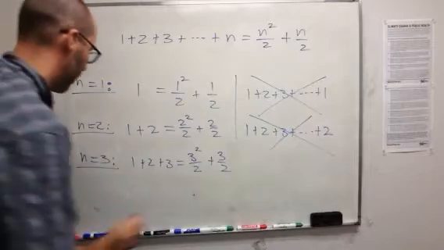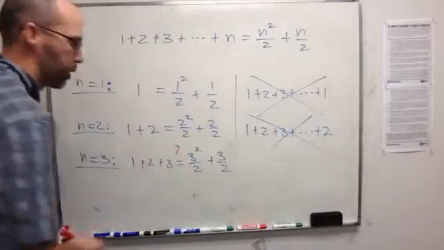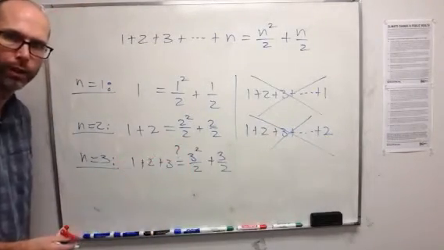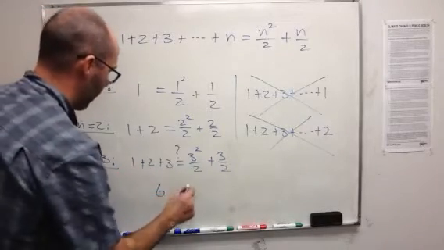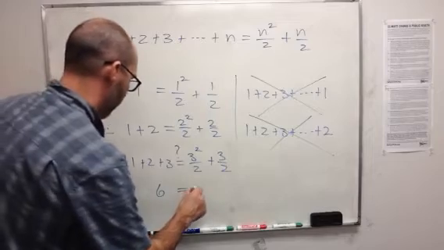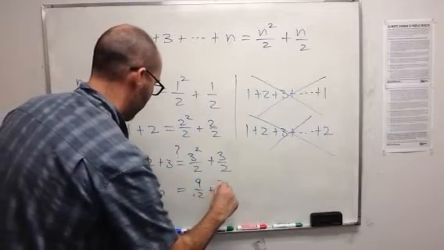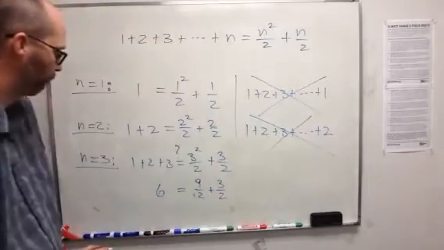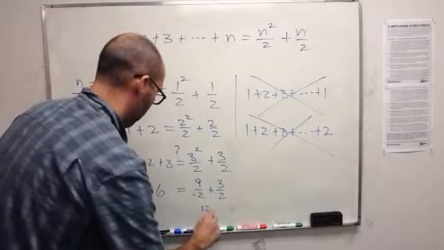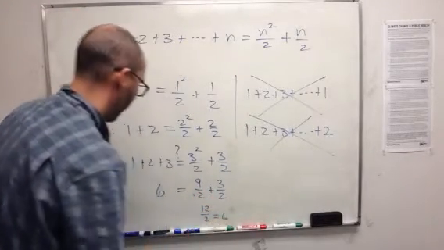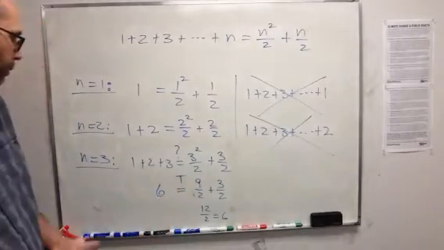Let's check that this is correct. Right now we're not sure, so I put a little question mark there. On this side, 1 plus 2 plus 3 is 6. On the other side we have 9 over 2 plus 3 over 2, that's 12 over 2, which is 6. So you can see that in fact it's true.